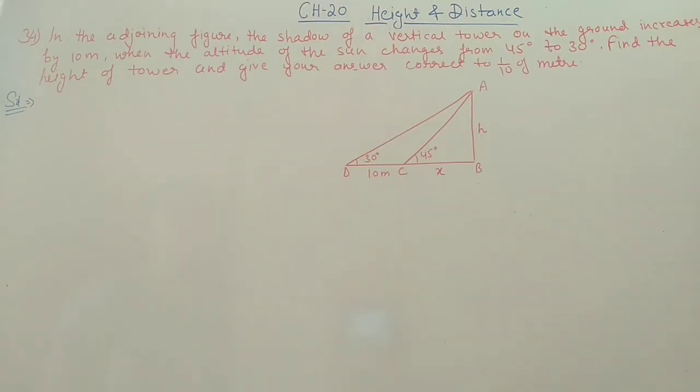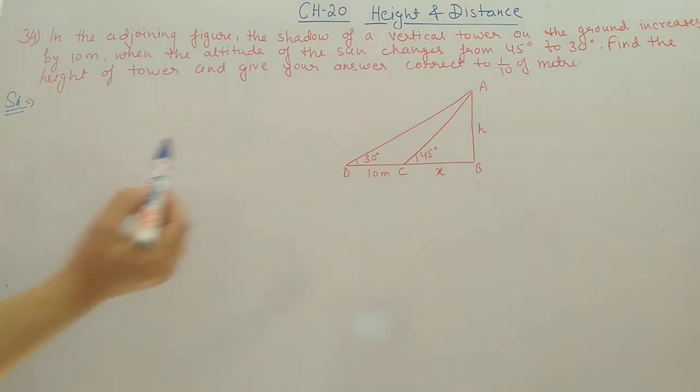Question number 34. In the adjoining figure, the shadow of a vertical tower on the ground increased by 10 meter when the altitude of the sun changed from 45 degree to 30 degree. Find the height of tower and give your answer correct to 1 by 10 meter. Here altitude of the sun means the angle of elevation.